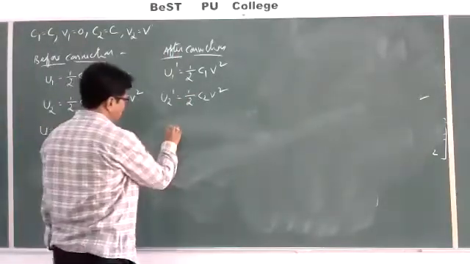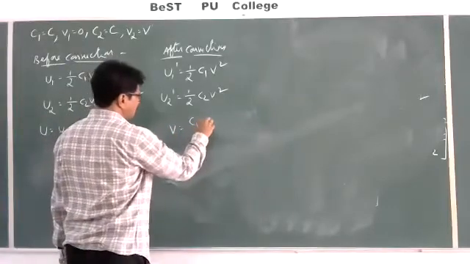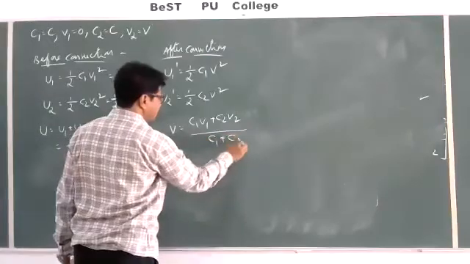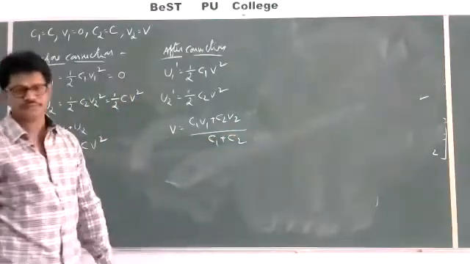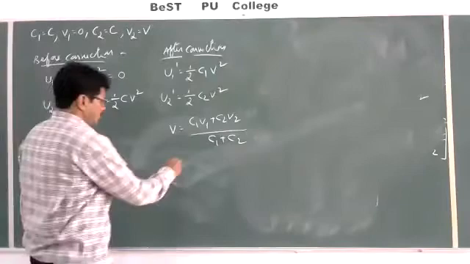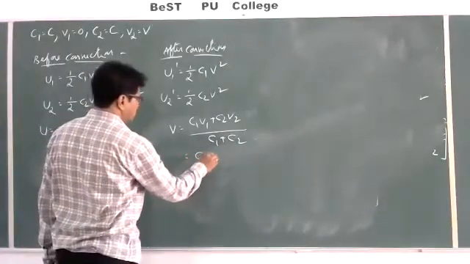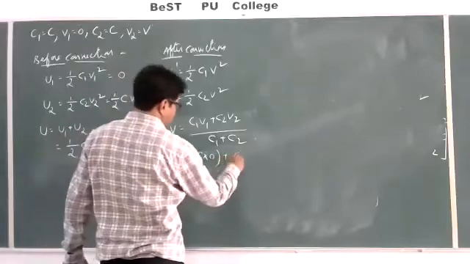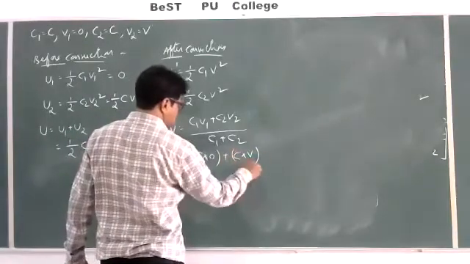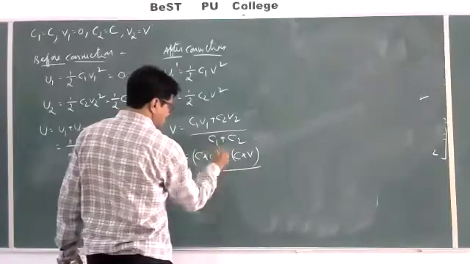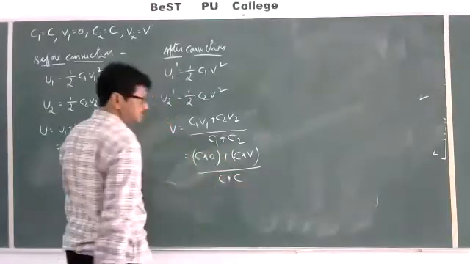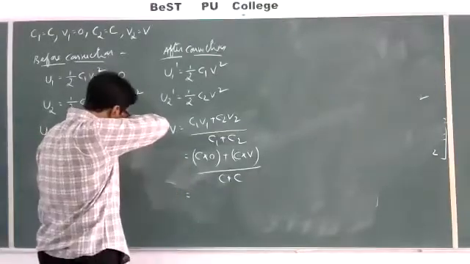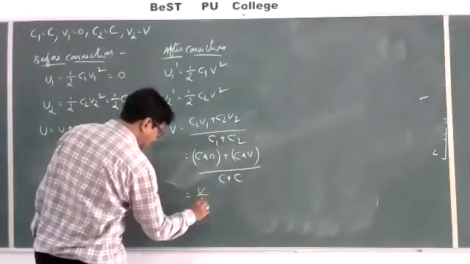What is the formula to find V? C1 V1 plus C2 V2 divided by C1 plus C2, where C1 is equal to C, V1 is equal to 0, C2 is equal to C, V2 is equal to V, by C plus C. So the common potential is equal to V by 2.